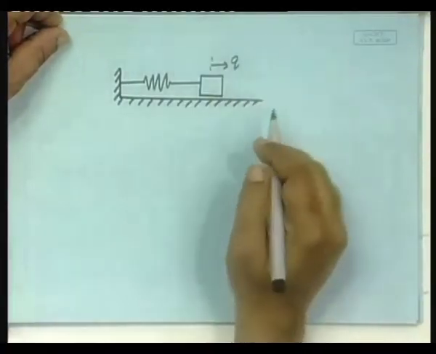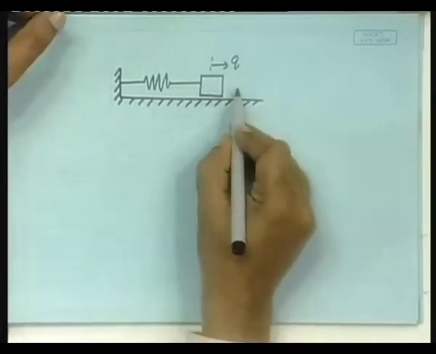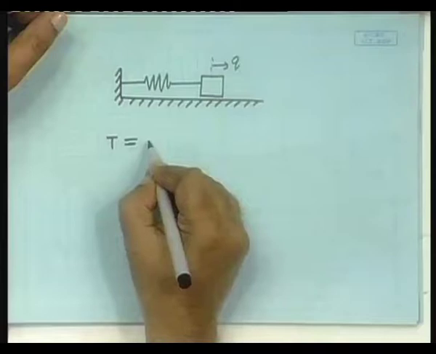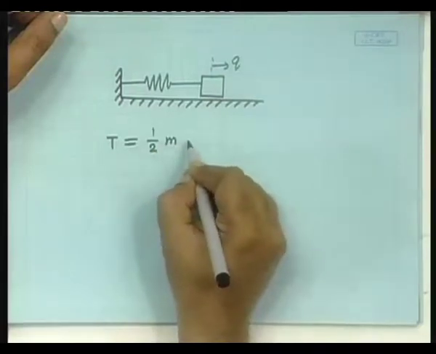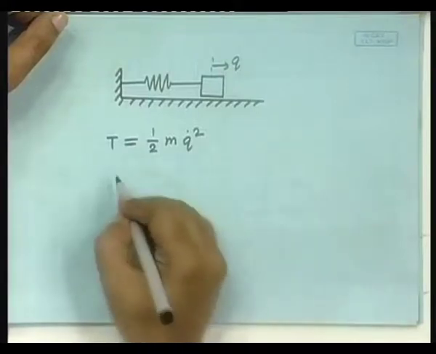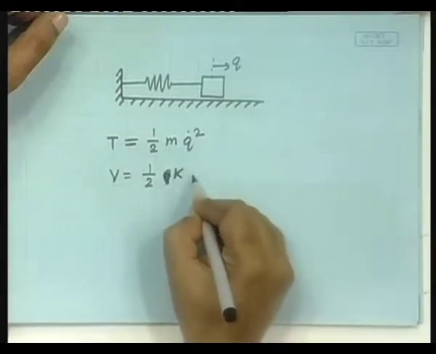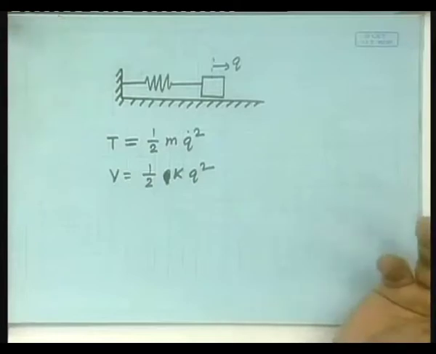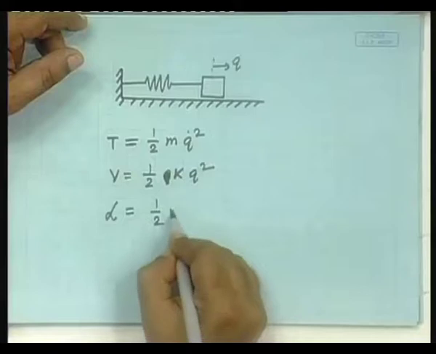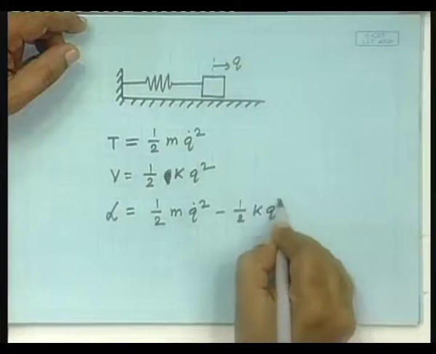Okay, once you have done that, express the kinetic energy and the potential energy in terms of q and q dot. So, you can easily do that. If the velocity is q dot, then T is half m q dot square. The potential energy is half k q square, simple. So, the Lagrangian is T minus V, half m q dot square minus half k q square.